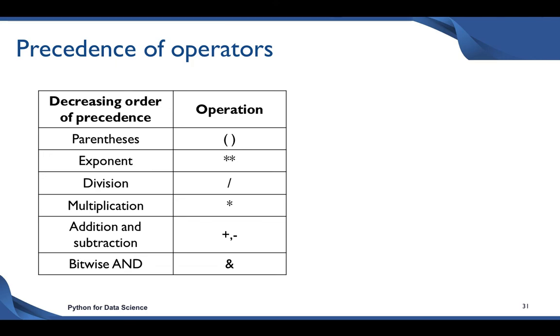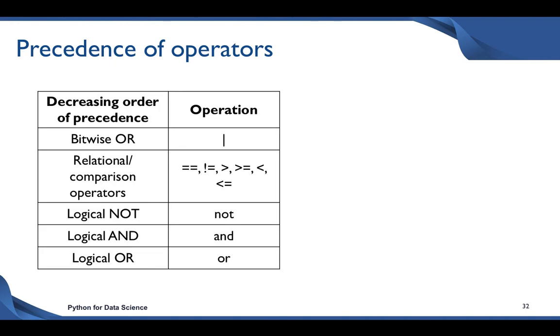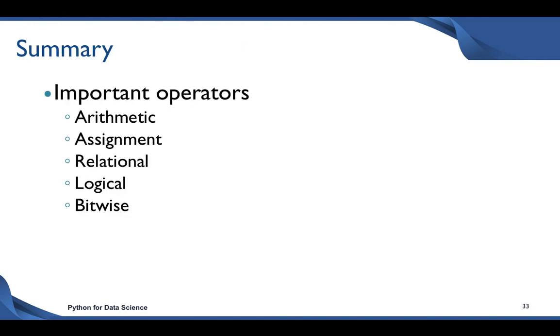We have already seen that first the parentheses will work, then exponent, then division, multiplication, addition and subtraction, and in the end we have the bitwise AND. Similarly, after that we have bitwise OR, then relational and comparison operators, then in the end logical NOT, logical AND and logical OR, right?